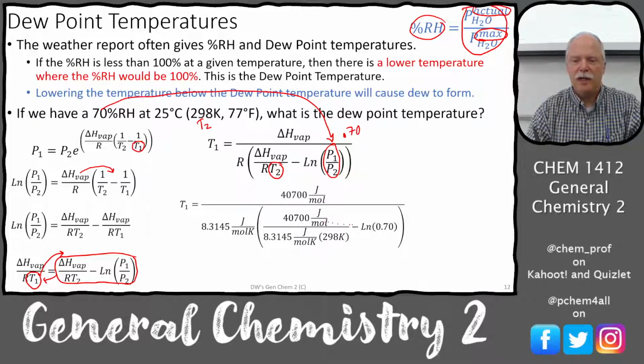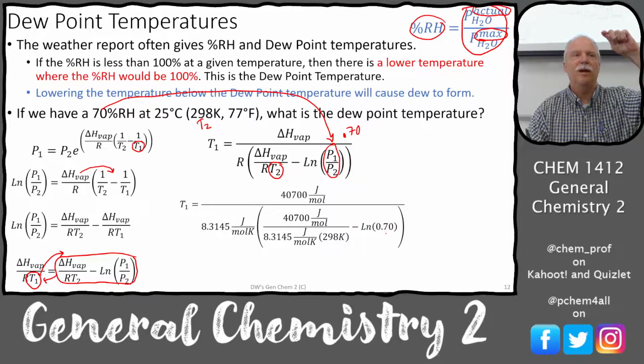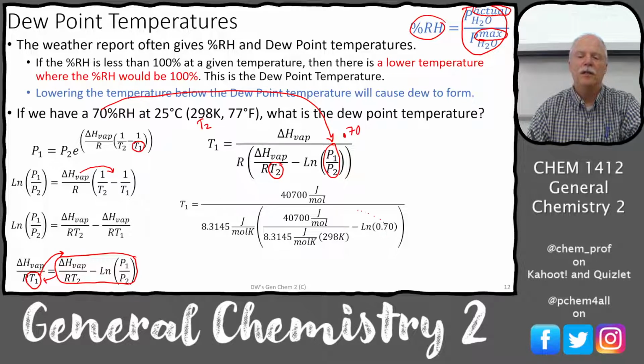So how would you do this on the calculator? Well, I would go ahead and probably calculate this fraction first. I would take 4,700 divided by 8.314 divided by 298. And then I would subtract, and I would type in 0.7 and hit the natural log button and then hit equals. Again, you want to try this on your own with your calculator.